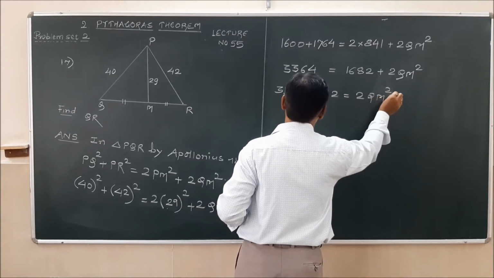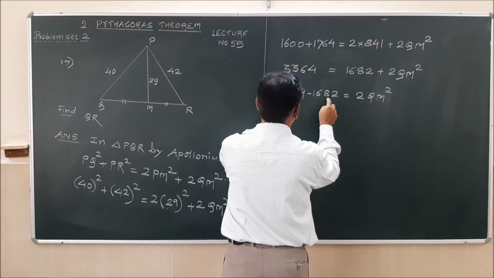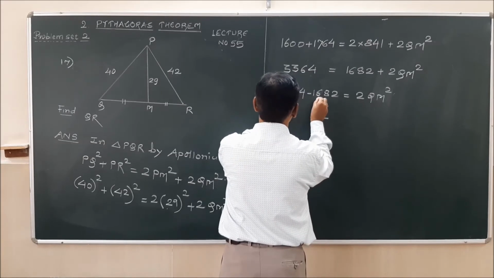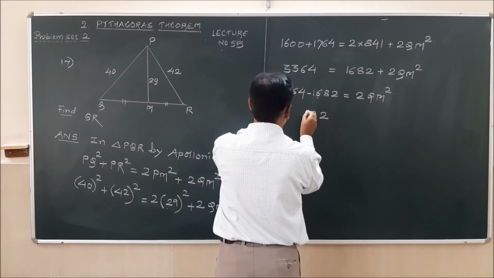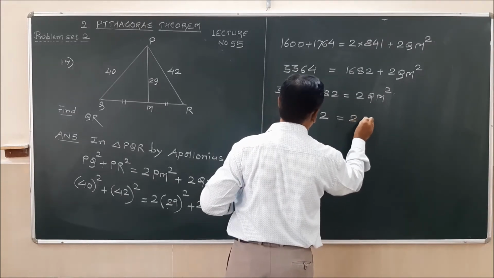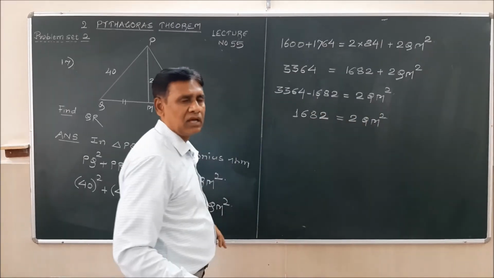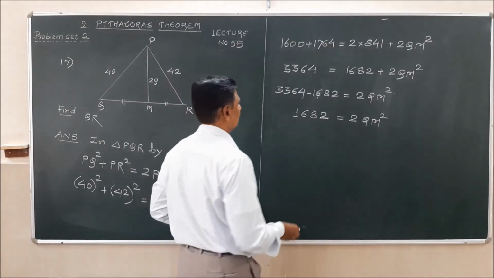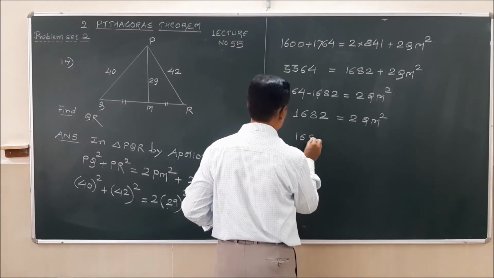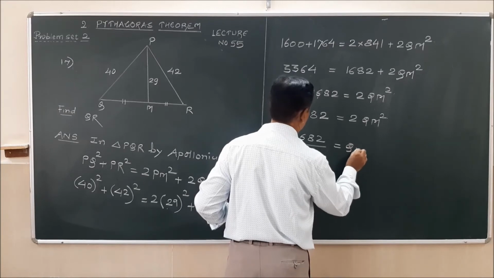Big numbers are there, that's all. 1682 is equal to 2 QM square. Difference between these two. Only the numbers are big, that's all. So 1682 upon 2, that is equal to QM square.